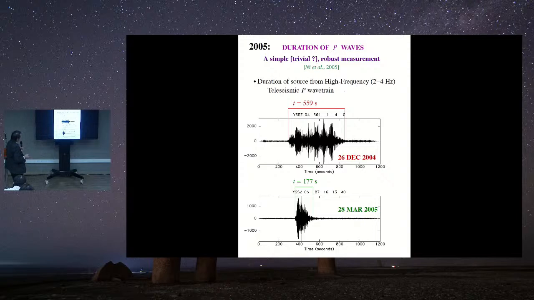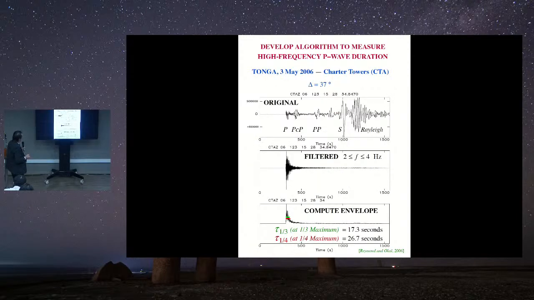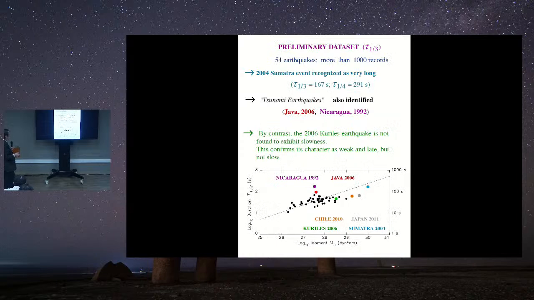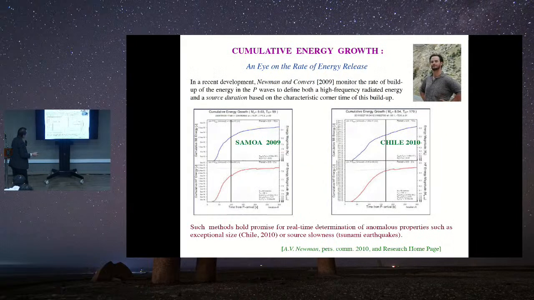So we can implement this, compute it systematically, compute the duration. I developed an algorithm to do this, and then you can plot it as a function, for example, of seismic moment, and you see how these guys here plot on top of the line. This is again a logarithmic unit, so they plot systematically on top of the line here.